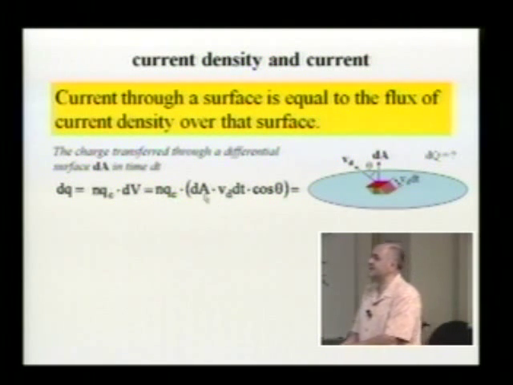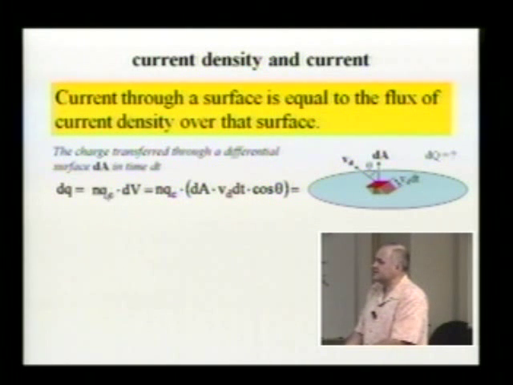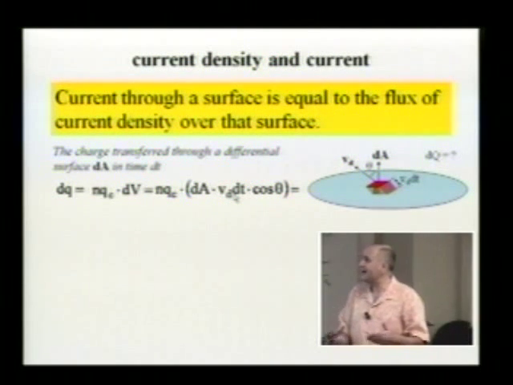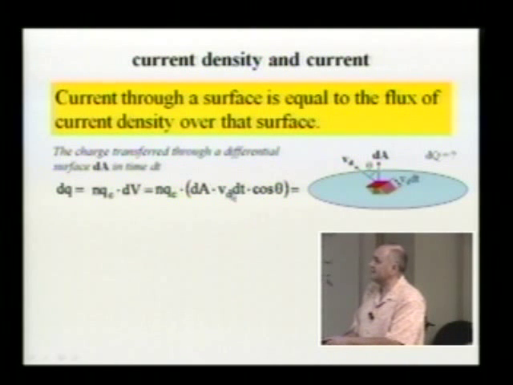So how did I write it now? I copied the concentration and charge of the individual particle. Now, this is the area of the base, this is the length of the side, and this is the cosine of that angle. Before combining concentration, charge of individual particles, and drift velocity, I can recognize something else: the magnitude of dA, which is the area, is at the same time the magnitude of this vector.